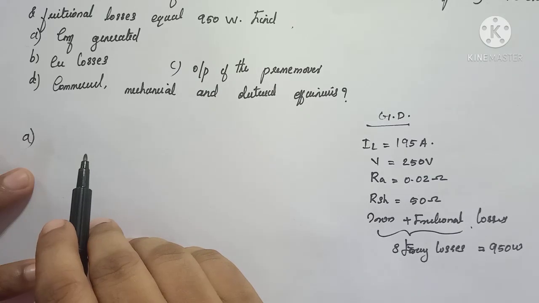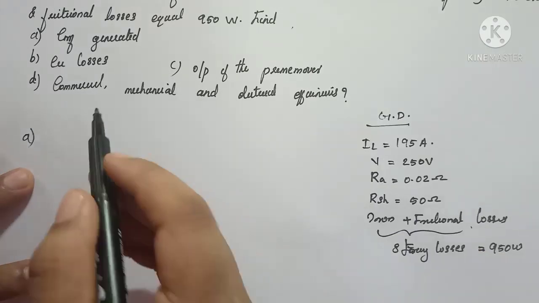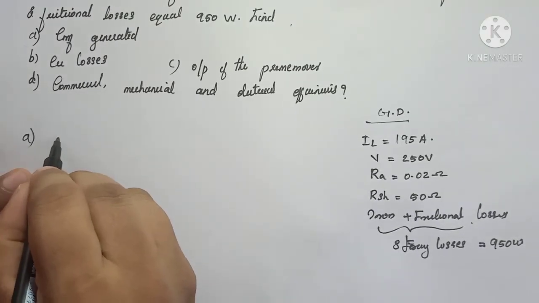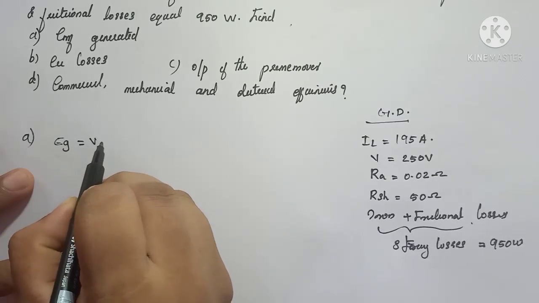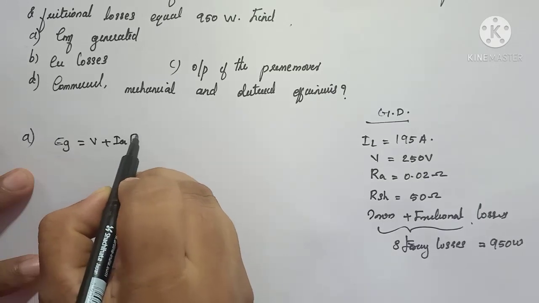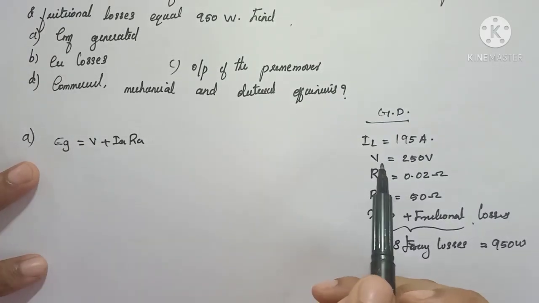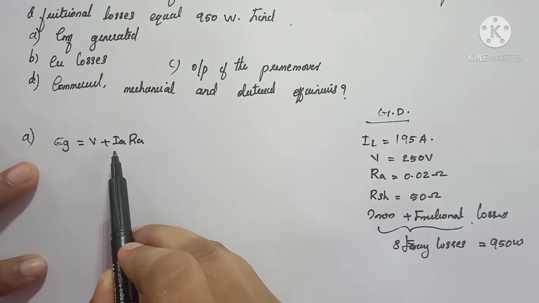So we need to know the voltage drop across the armature windings, and we can neglect the brush drop, otherwise we can choose it as 1 volt nearly. So here we will consider the generated EMF, that is Eg. We need to calculate Eg is equal to V plus Ia Ra in this case. So V is already given in the problem, and we need to calculate Ia.